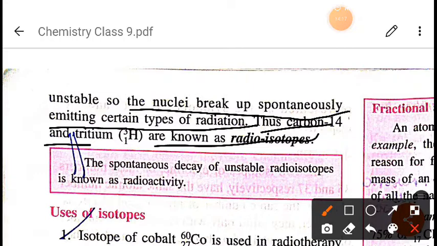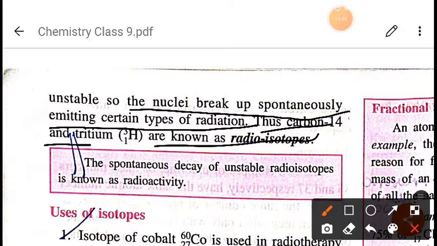The nuclei will break out spontaneously, and when the nuclei break, they emit a certain type of radiation, or we can say a certain type of energy, in the form of radiation. The carbon-14 and tritium are known as radioisotopes. That is why they are called radioisotopes.